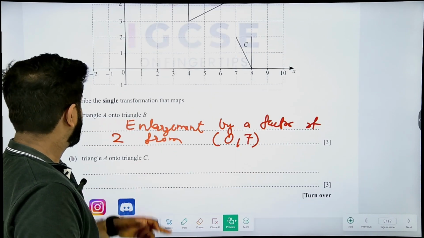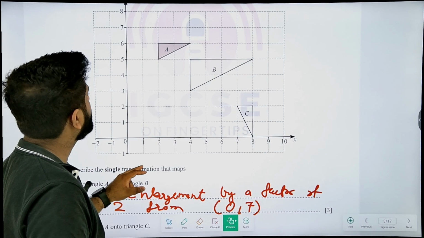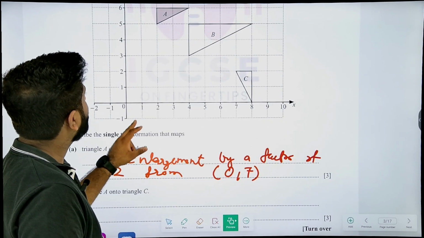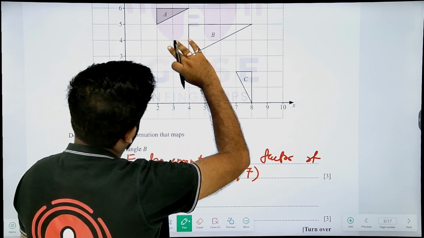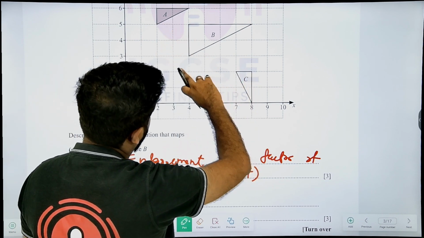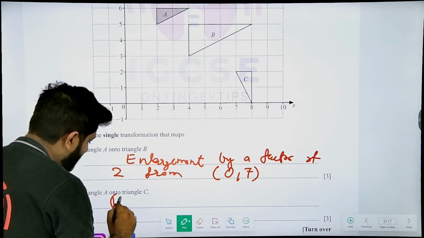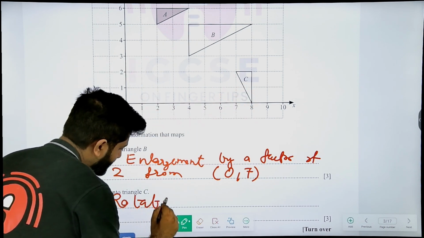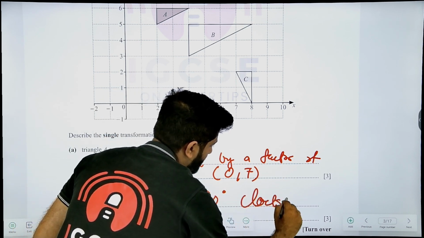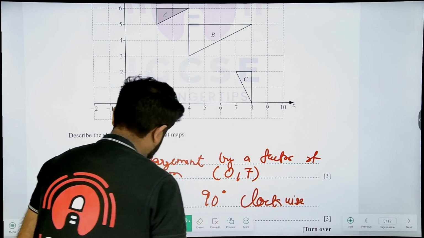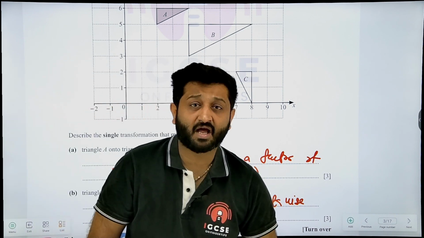Next, find the transformation from A onto C. I think this seems like a rotation of 90 degrees clockwise. So I'll write rotation 90 degrees clockwise from. Now guys, what center are you supposed to take?